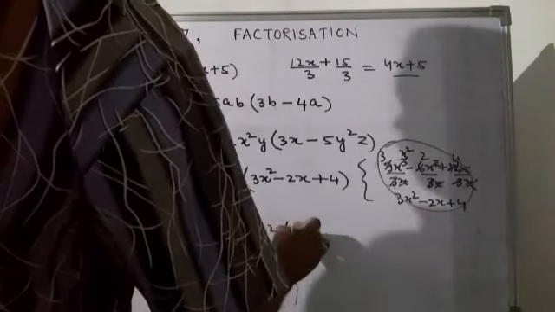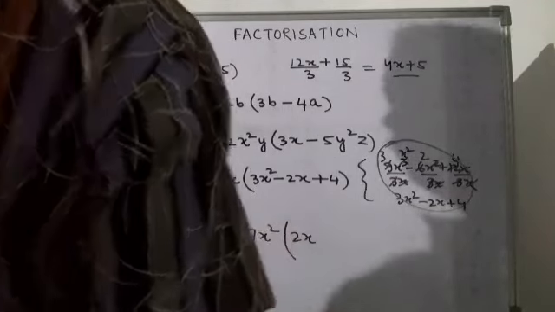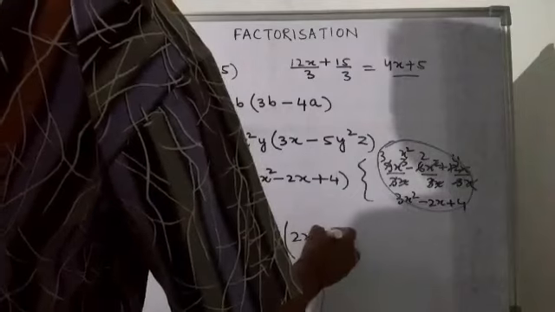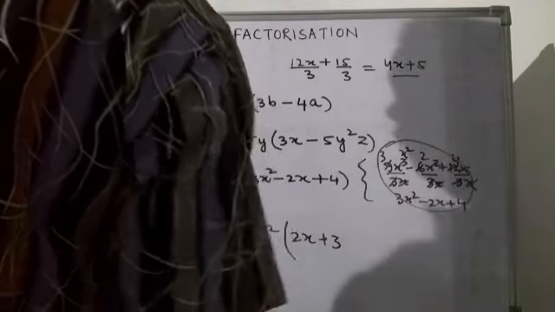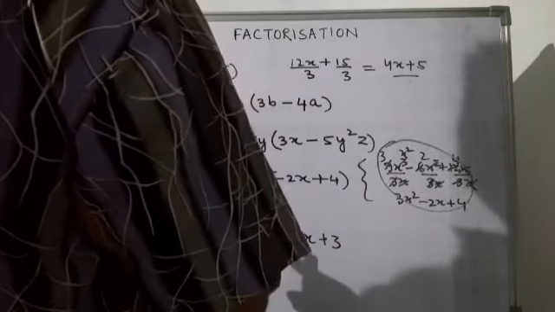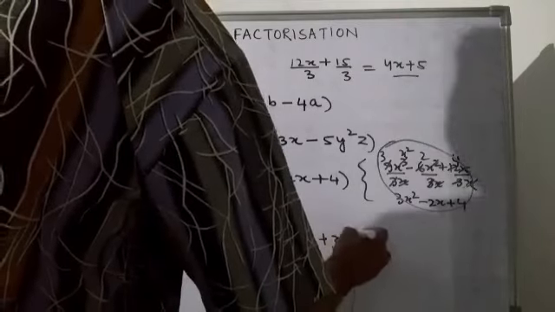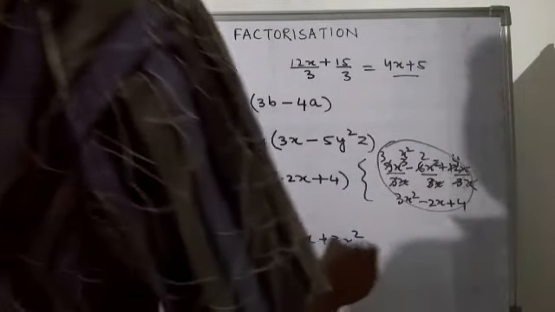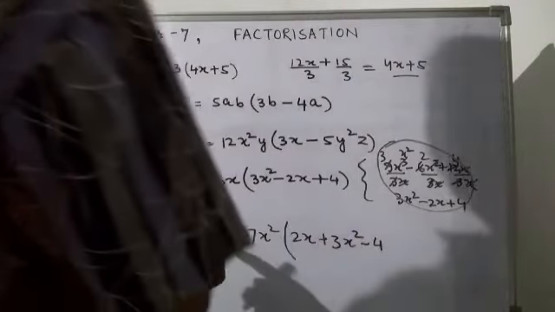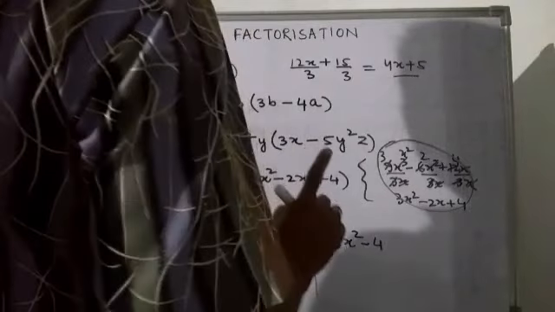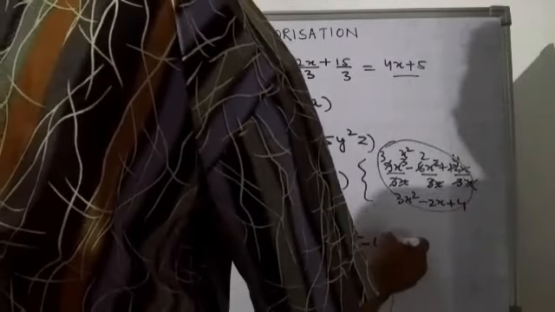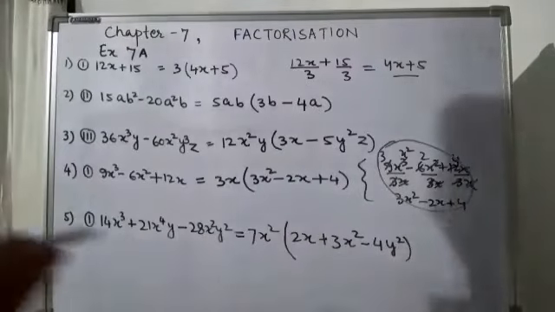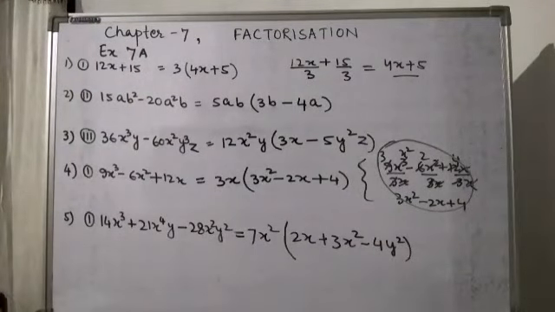Multiply: 7 2s are 14, that is 2x, plus 7 3s are 21. x to the power 4 divided by x square gives x square, minus 28 divided by 7 gives 4. x square divided by x square gives 1 and y square is left over. So the solution for question number 5 is 7x square into 2x plus 3x minus 4y square.